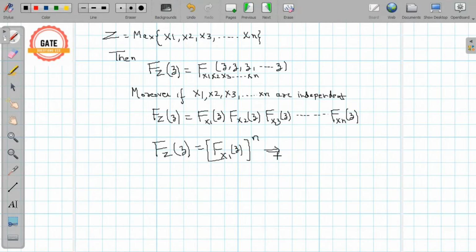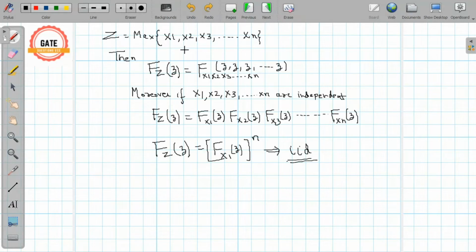So this is the result for the i.i.d condition. When they are identically distributed, all these CDFs will be equal, so in place of each of these CDFs we can write Fx1. So this will become Fx1 raised to power n.